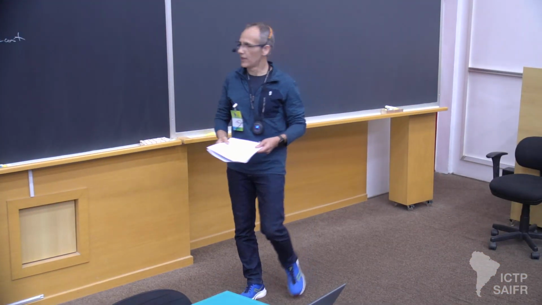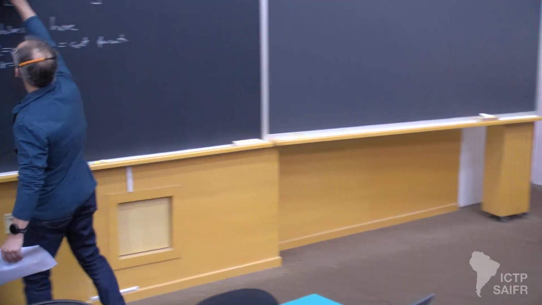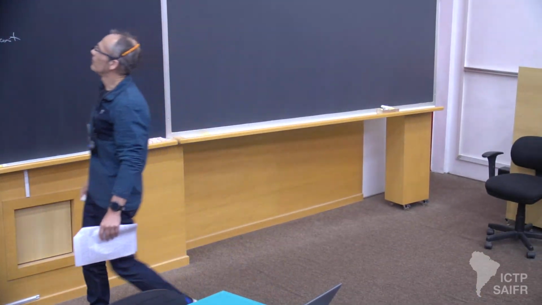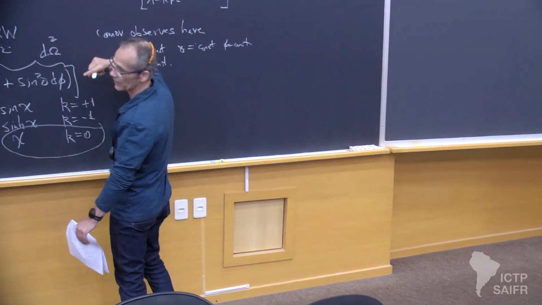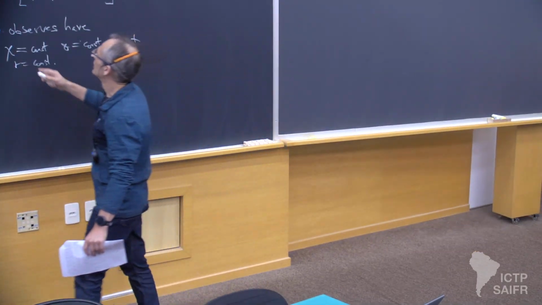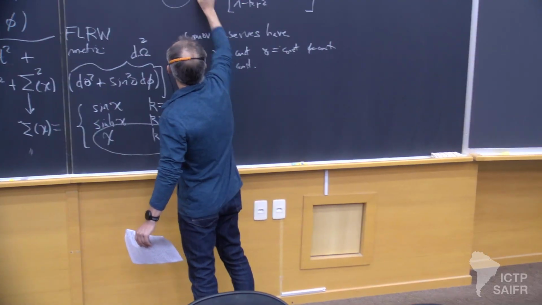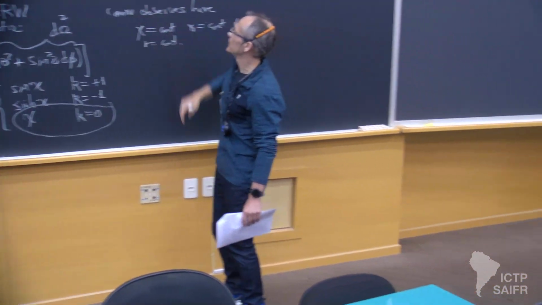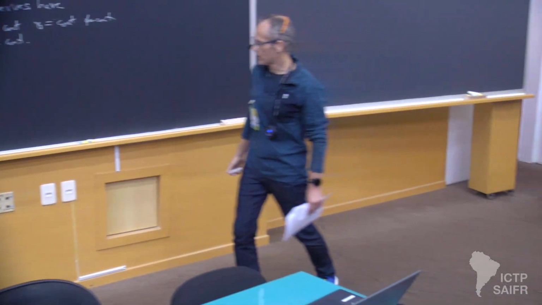And something we are going to be using, which is very convenient when we write equations of motion, is to introduce a conformal time. Okay? So you can see here the spatial part of the metric gets multiplied by the scale factor squared.